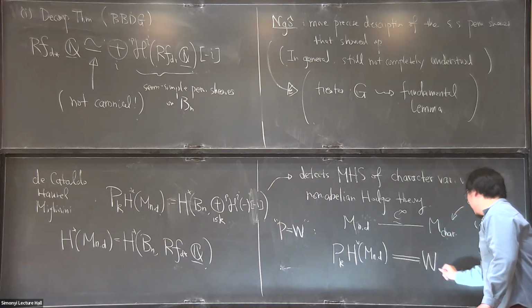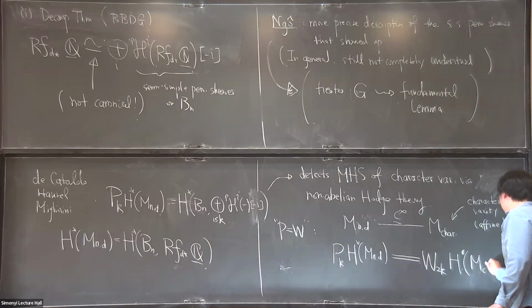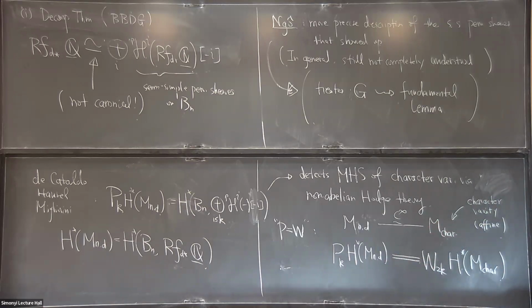So W_2k. So in other words, the complexity of the Hitchin system is matched with the complexity of the boundary of this affine variety, intuitively.